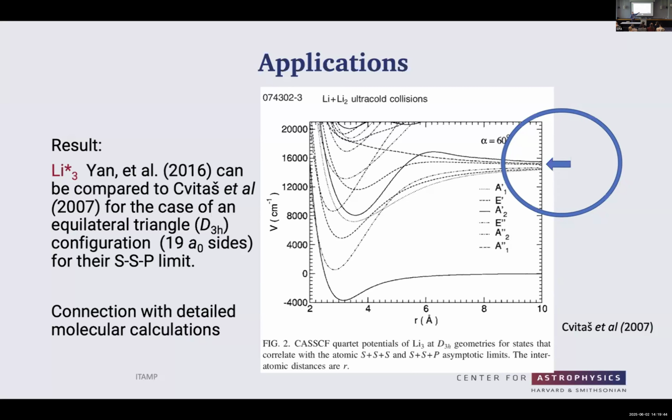So they're going to have full chemical bonding, correlation, and so on in there. But in any case, for big distances, we get a good match. We get a satisfactory match, we think. And so that's pleasing, that at least somebody did the calculation for an equilateral triangle, lithium 3 excited state, at 19 Bohr.